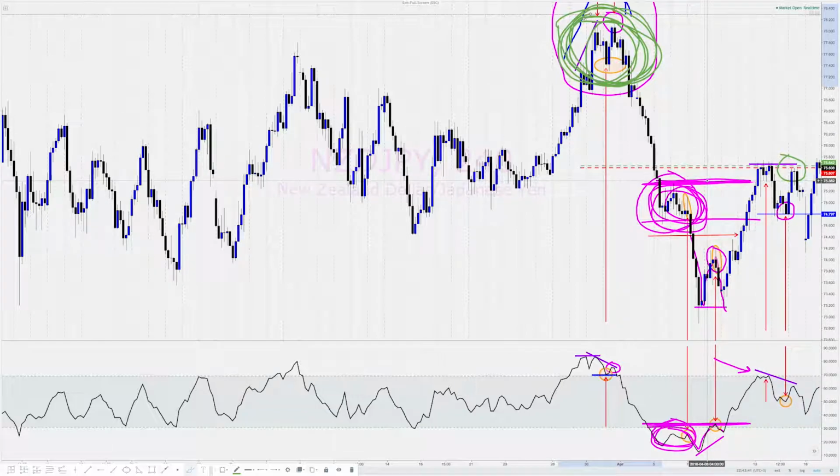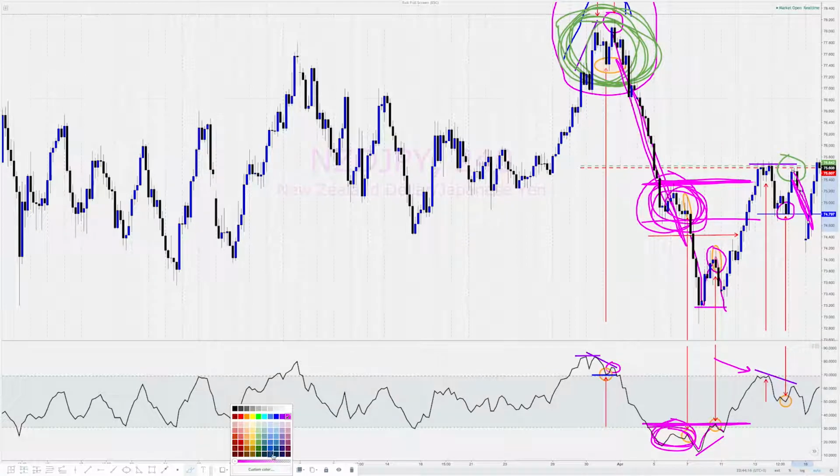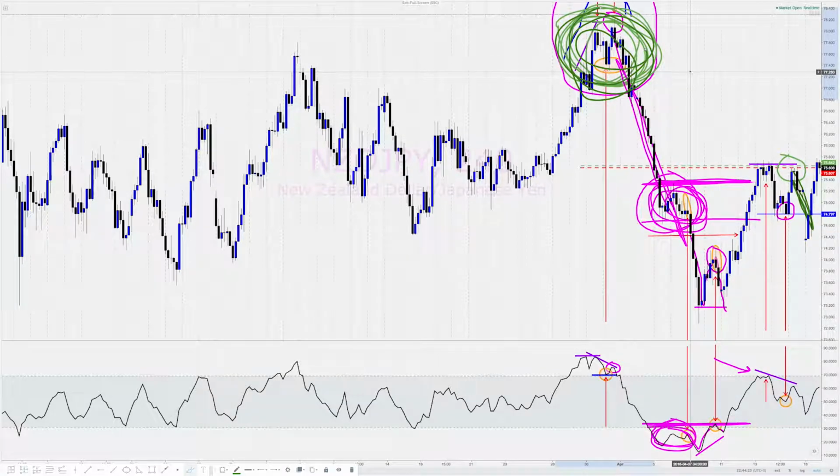So let's say we took our 280 pips from this move. We took our 100 pips from this move. We're up about 400 pips. About. We're still in this trade with, let's see, our retest was here.